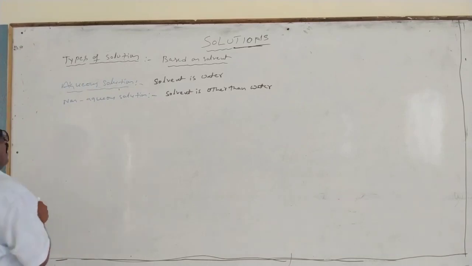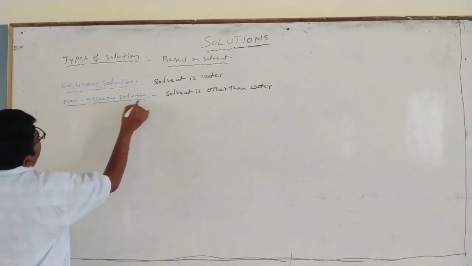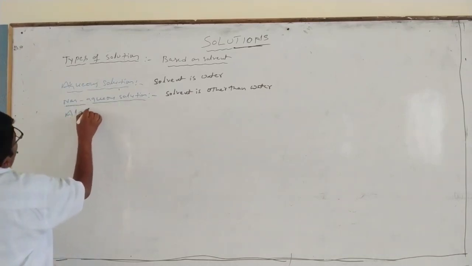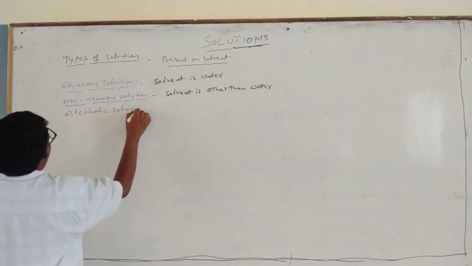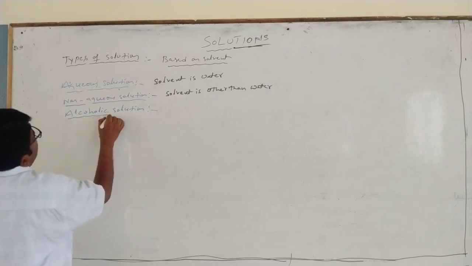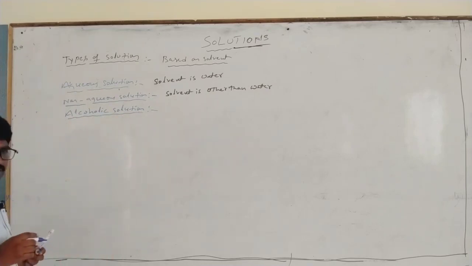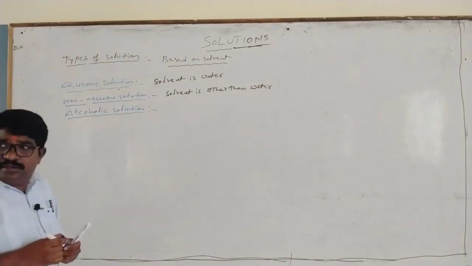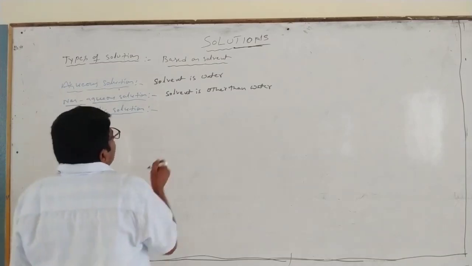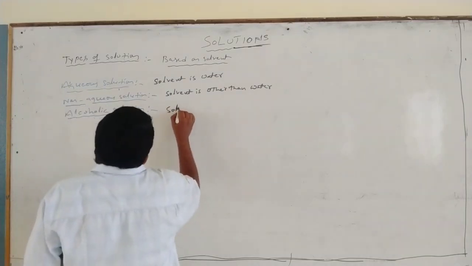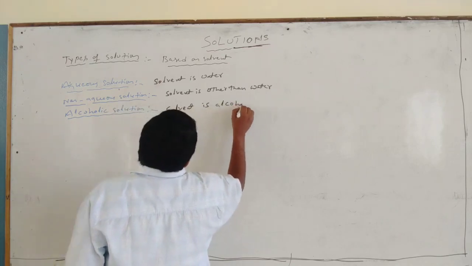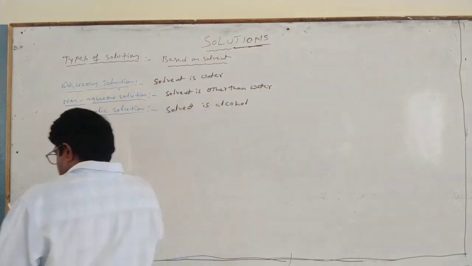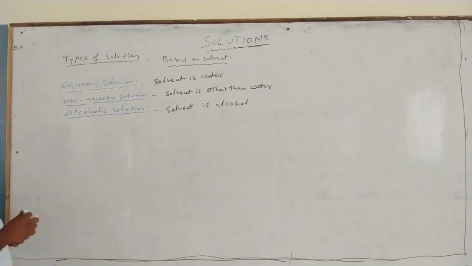Next is alcoholic solution. Alcoholic solution means the solution in which alcohol is the solvent. Next, ammonical solution.